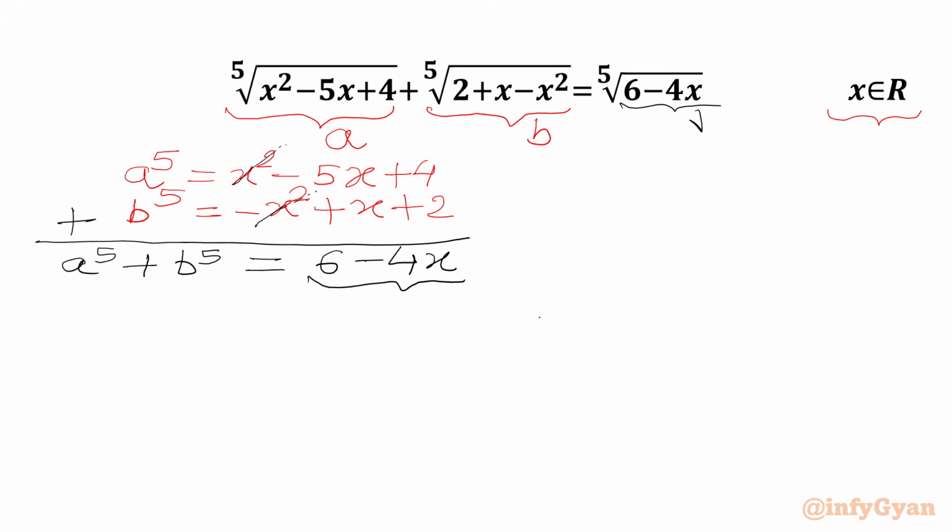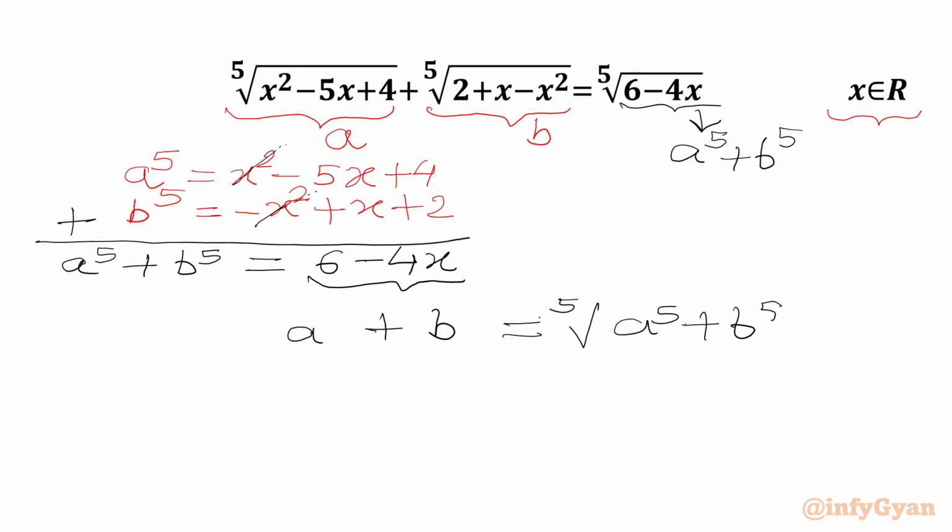So here we can write this is a power 5 plus b power 5. So our equation will become a plus b equal to fifth root of a power 5 plus b power 5.